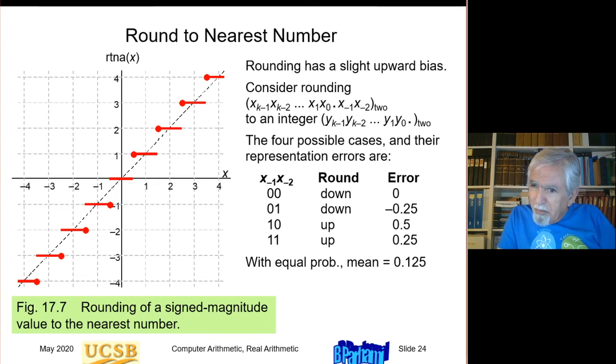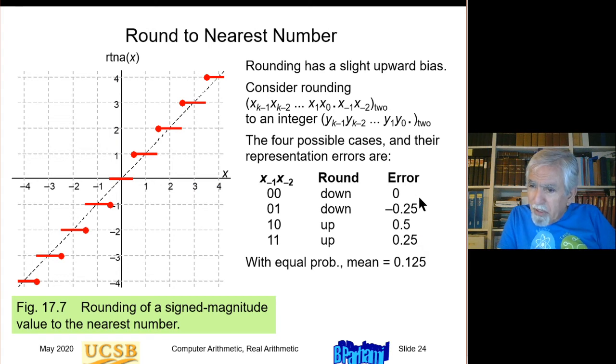Remember we have ULP in this position. This is 1/2 ULP. This is 1/4 ULP. An error that is minus 0.25 ULP. If the two bits are 1, 1, then I round up, committing an error of 0.25. And the midway point, I mentioned by convention we round up, and therefore we commit an error of 0.5.